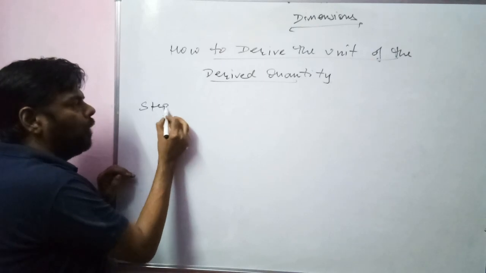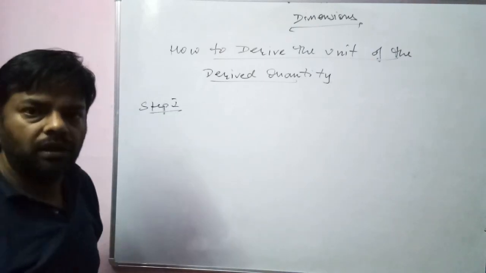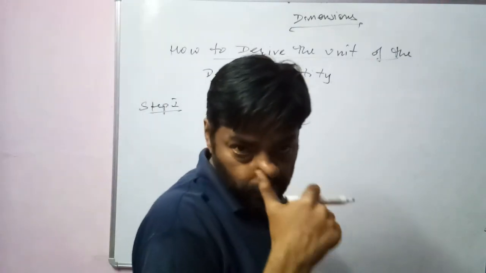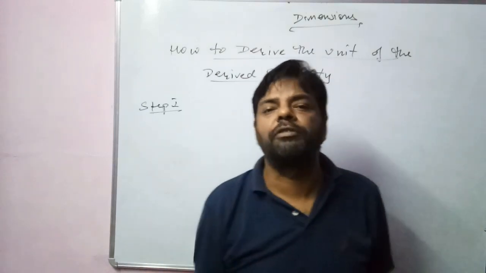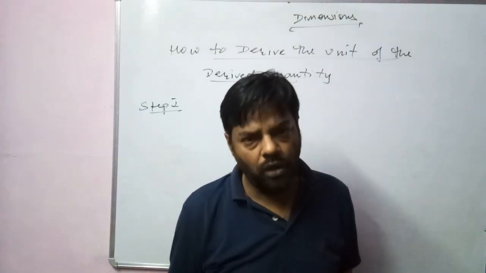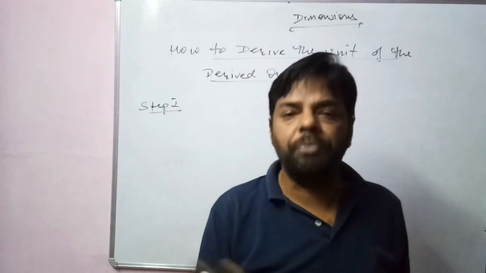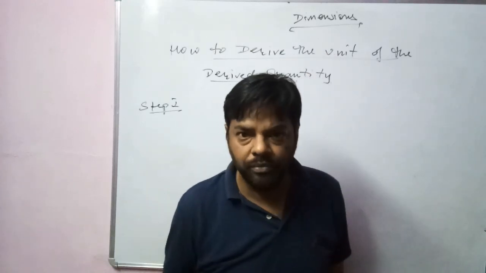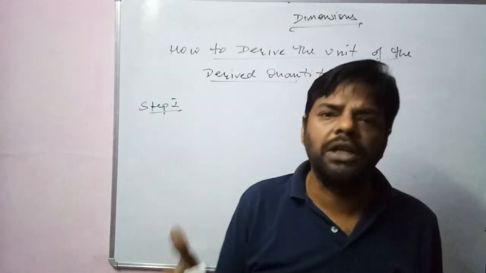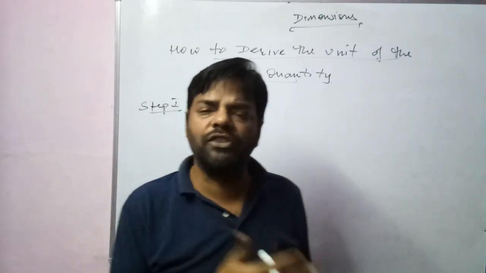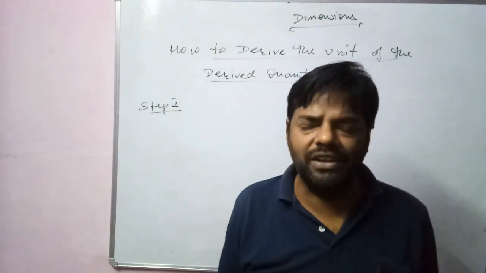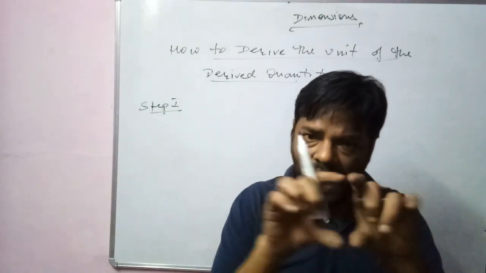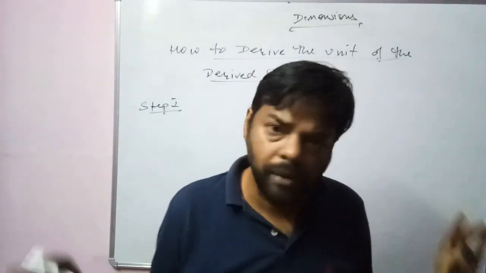I am giving you the stepwise approach. In step 1, what is required? The basic definition of the given derived quantity is required. For example, speed is defined as distance upon time. Force is defined as mass multiplied with acceleration. Potential difference is defined as current multiplied with resistance, like those. Okay? The mathematical relationships. Clear?